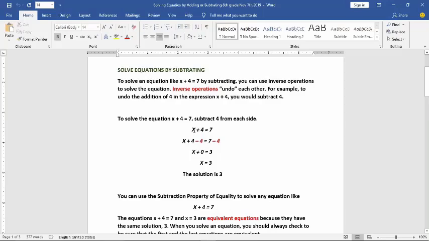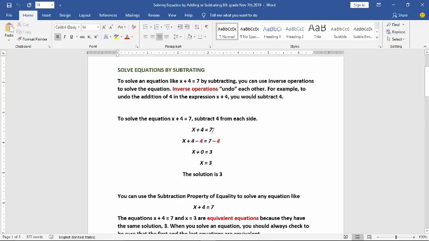This is an equation, right? Because of this equal sign here. How can we solve this equation? By using inverse operations. That means we have to undo each other.